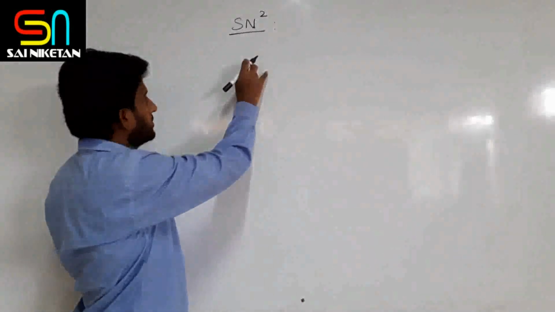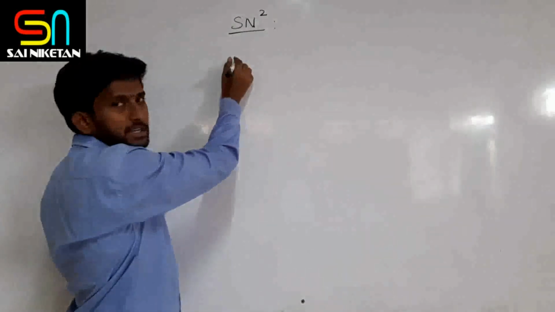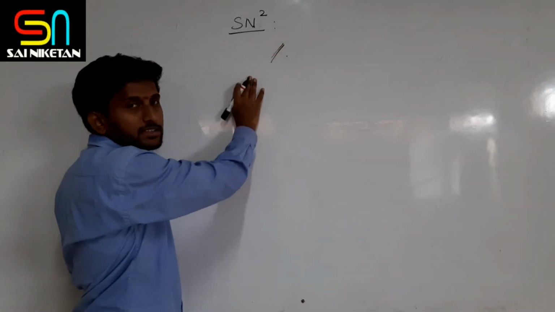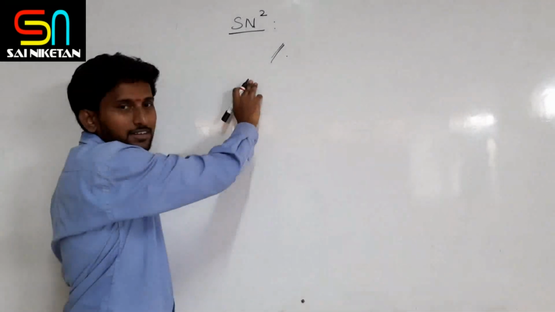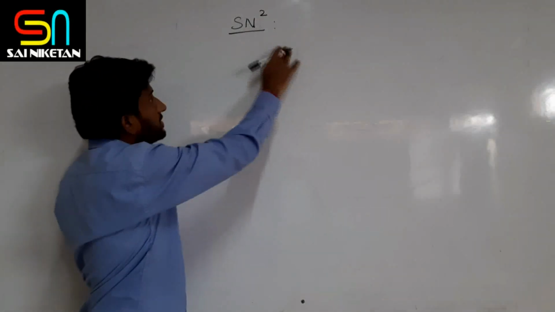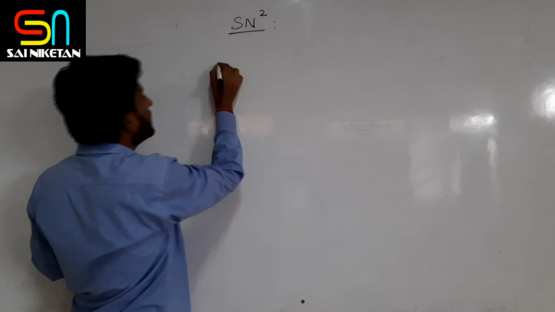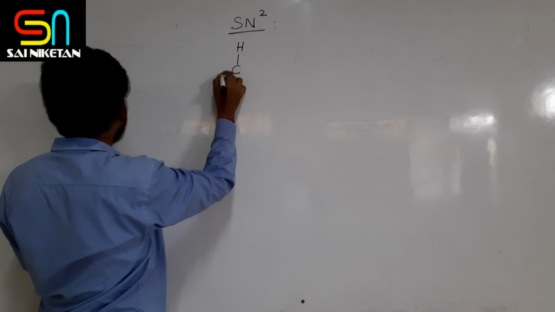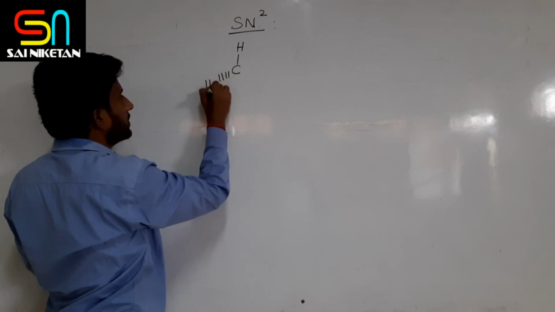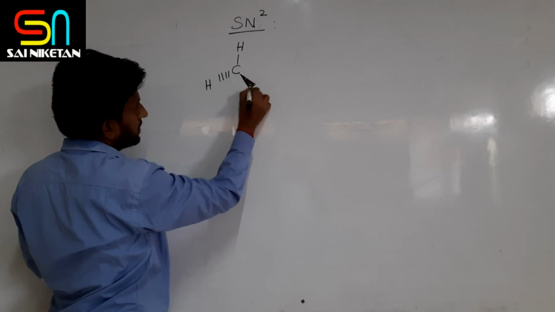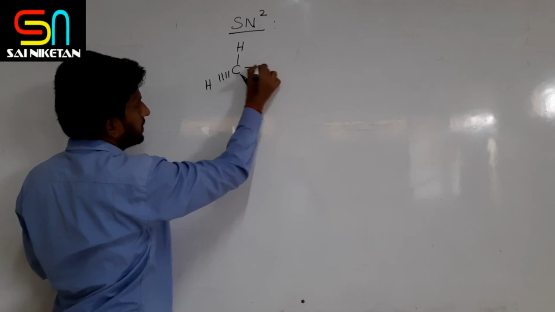Now, SN2 mechanism, we have seen one example. That is, if for example the carbon atoms are arranged in this way, one hydrogen front and back. Just now we have seen the example.